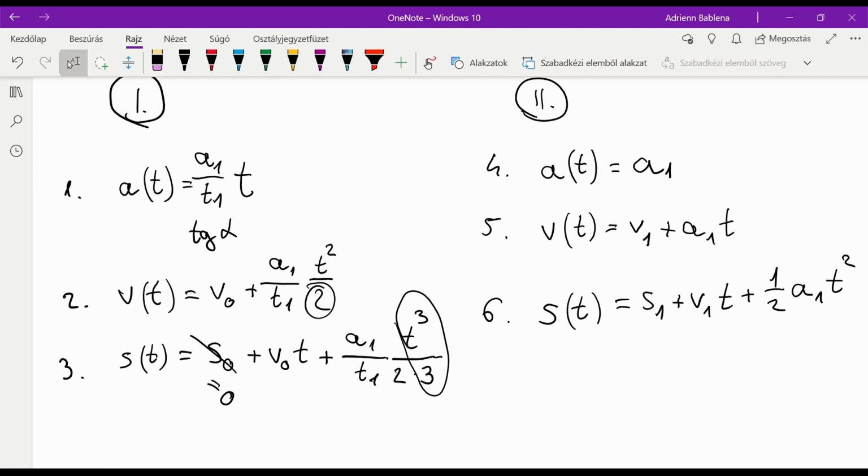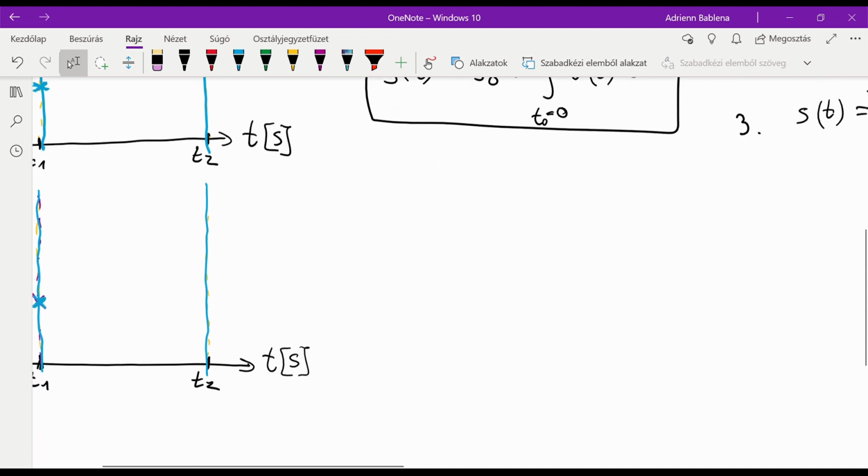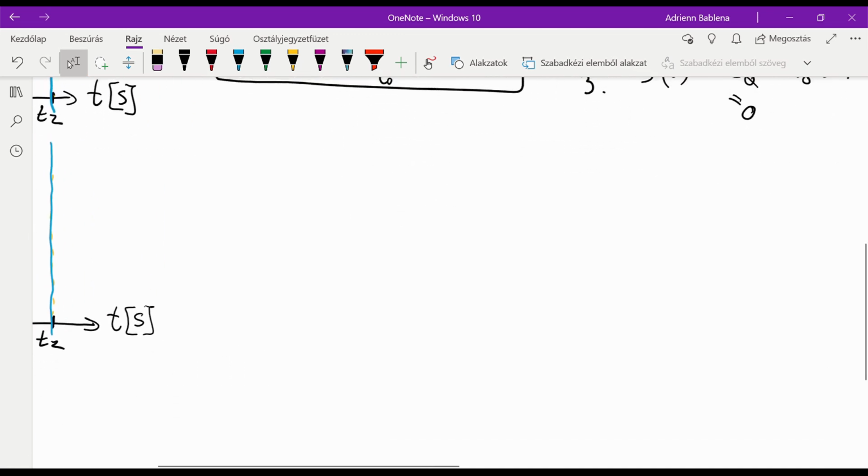In the second section, the initial time value is t1 and the end point is t2, so our time interval is t2 minus t1. I hope it's right. So let's write these concrete time parameters into our equations.